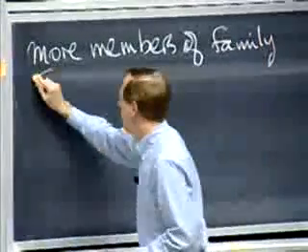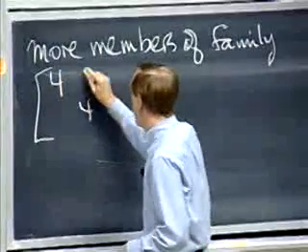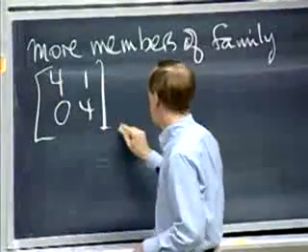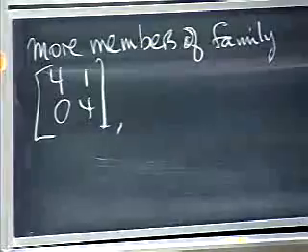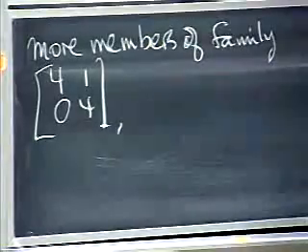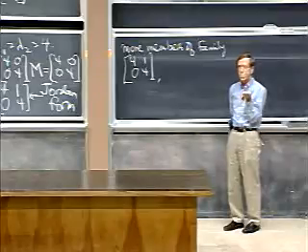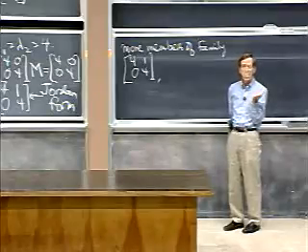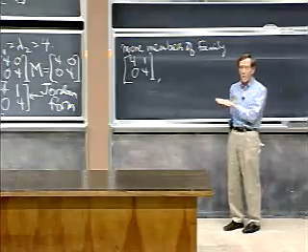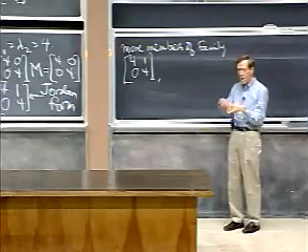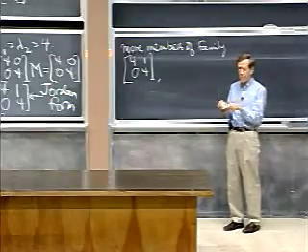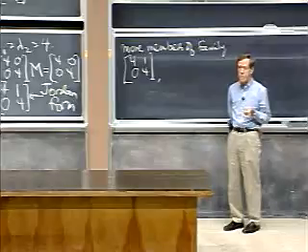Let me put down again what the best one is. Okay. All right, some more matrices. Let's see, what am I looking for? I'm looking for matrices whose trace is what? So if I'm looking for more matrices in the family, they'll all have the same eigenvalues, 4 and 4. So their trace will be 8.